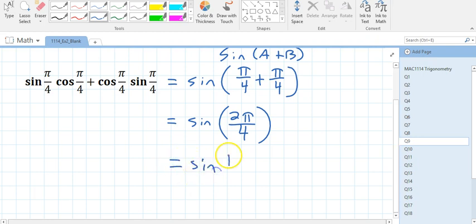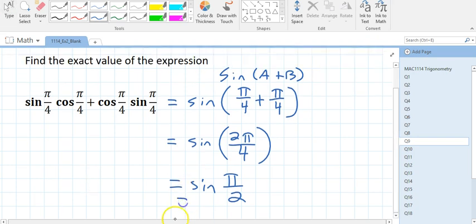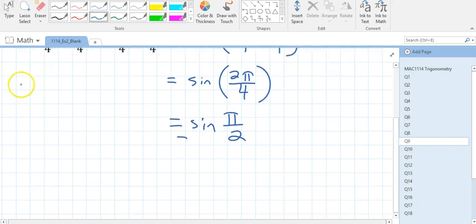So sine of pi over 2. That's what I need the answer to. So what is sine of pi over 2? Say it again. You got it. Uno.